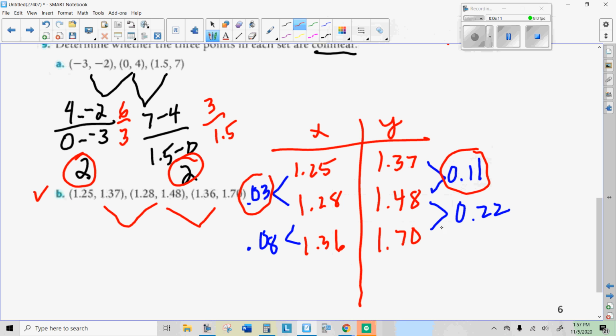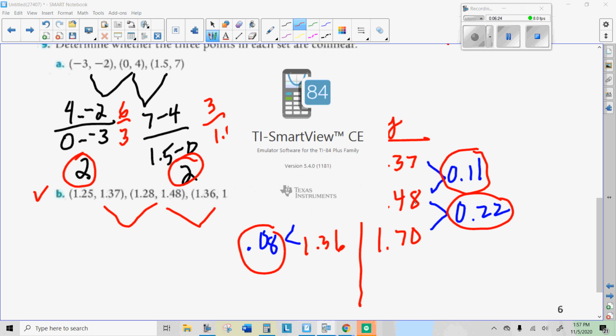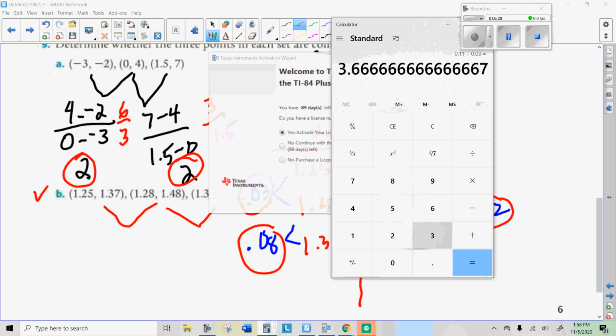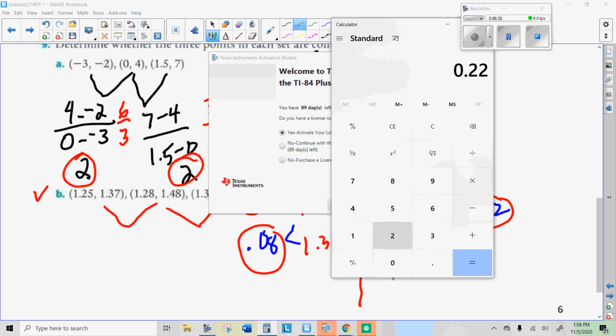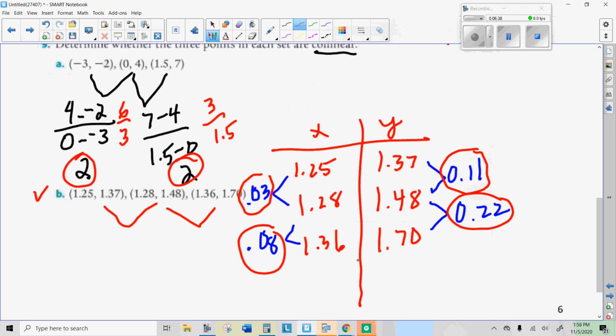And when you take this rise, 0.22, divided by this run, 0.08, you get 2.75. So those are different numbers. So no.